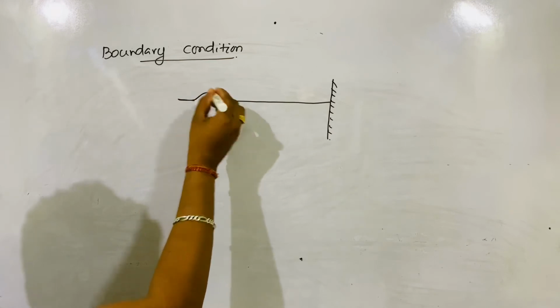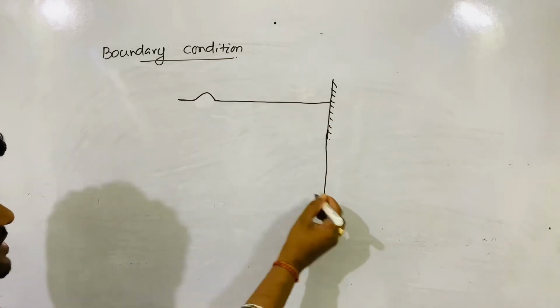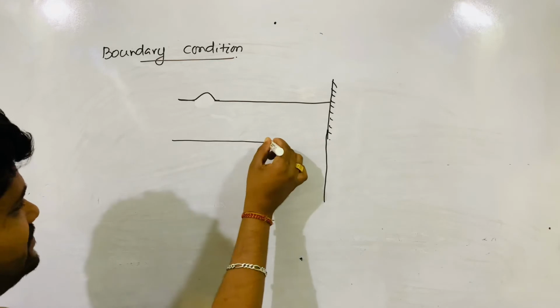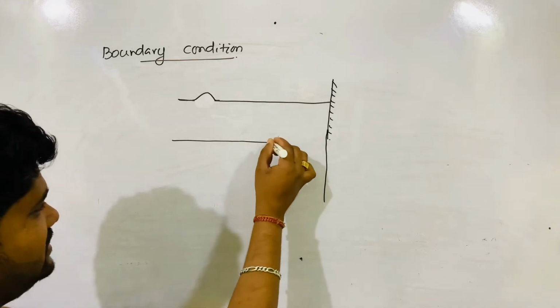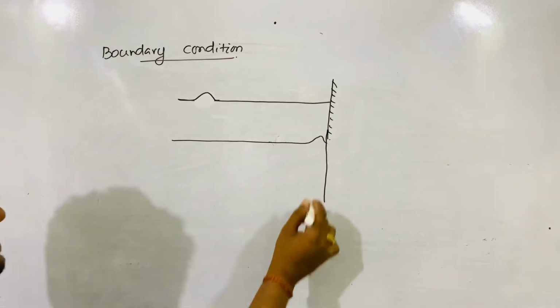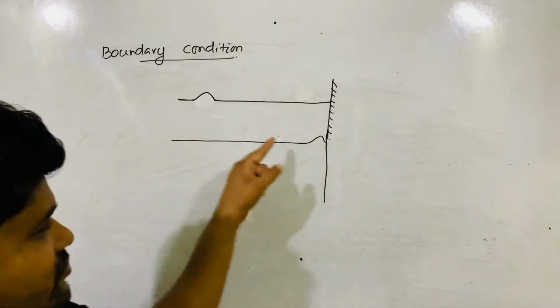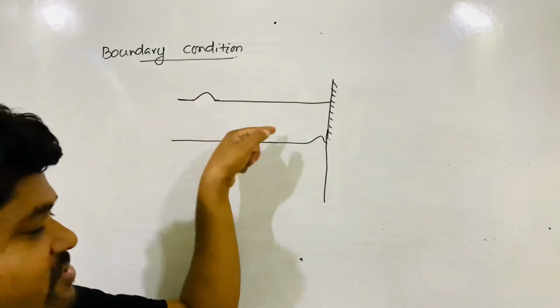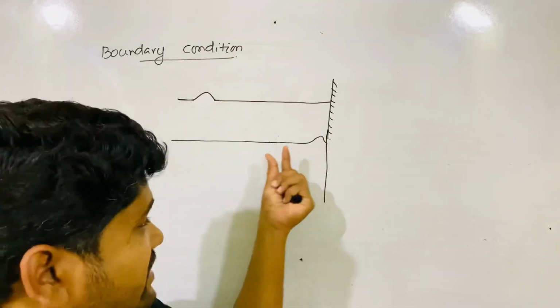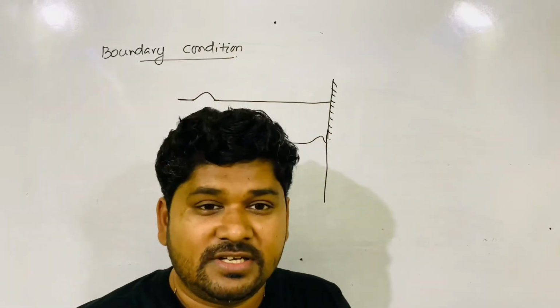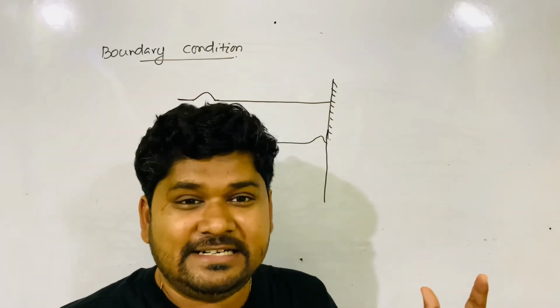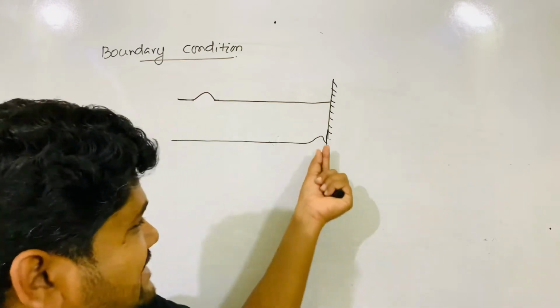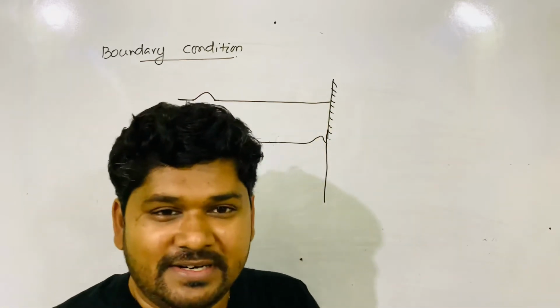After some time the disturbance will be at the end. Suppose it is a crest, like this the wave propagates. Suppose at the end the crest now touches the rigid boundary, where the string is tight.